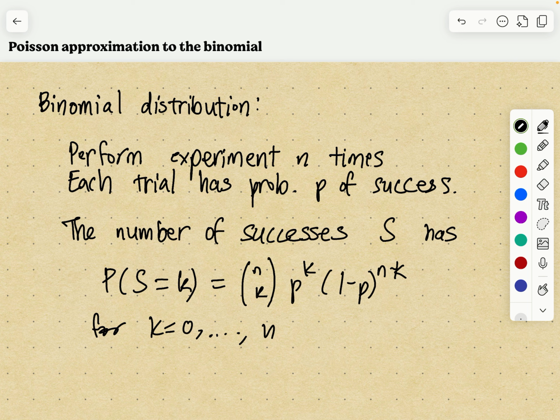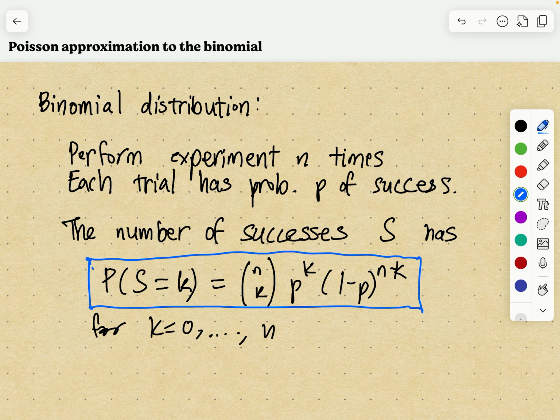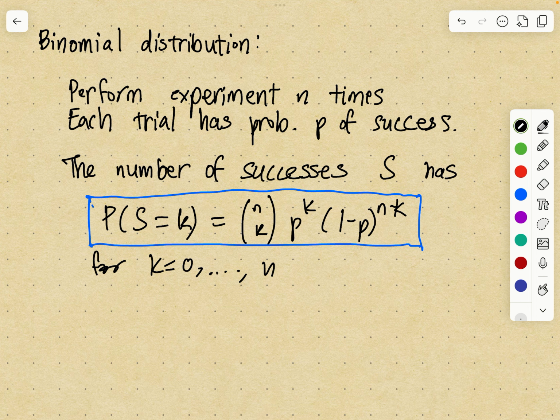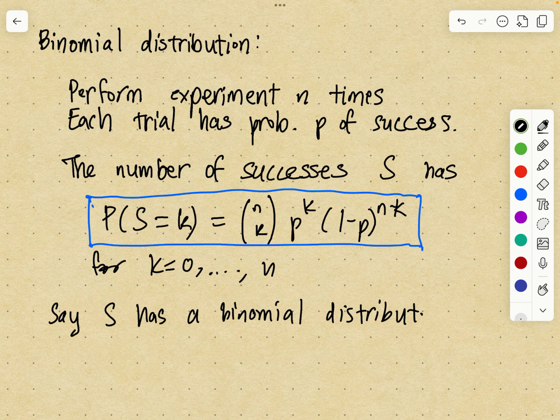When we have a random variable S where the probability that S equals k is that, we say that S has a binomial distribution with parameters n and p.